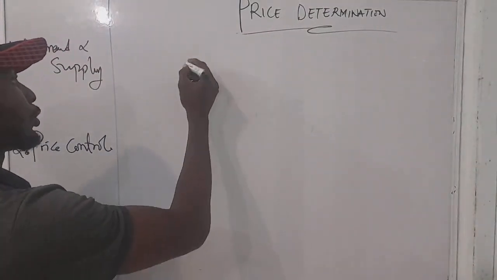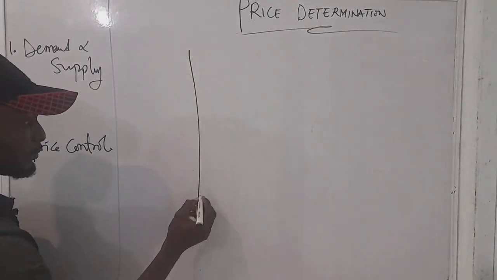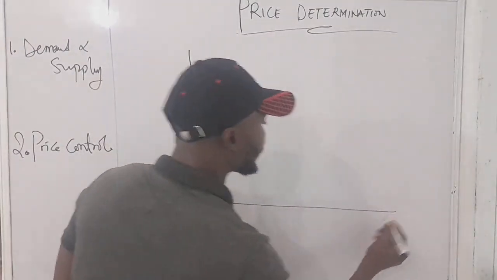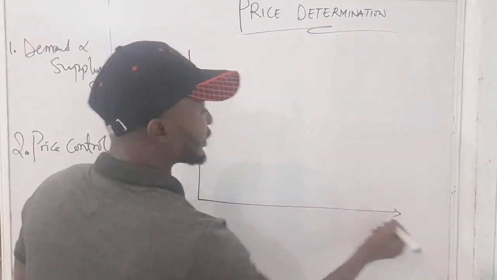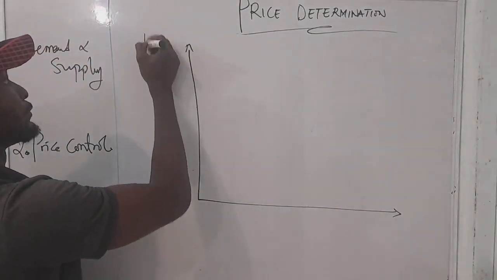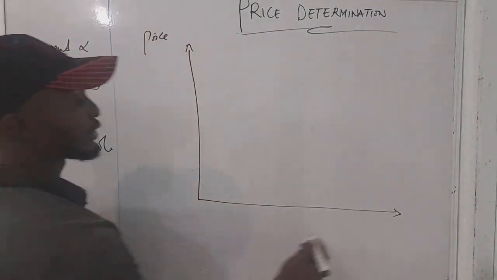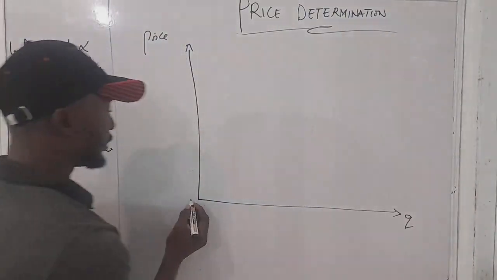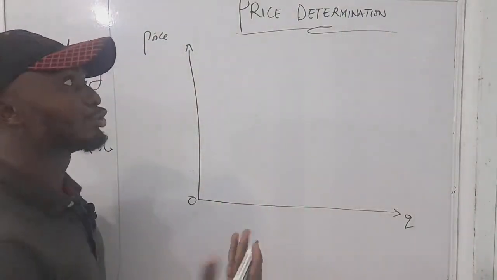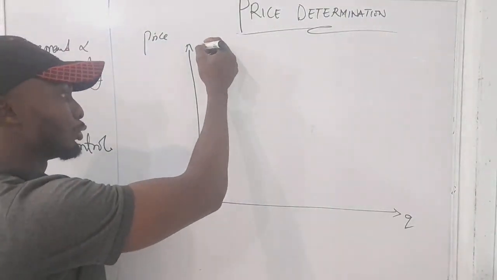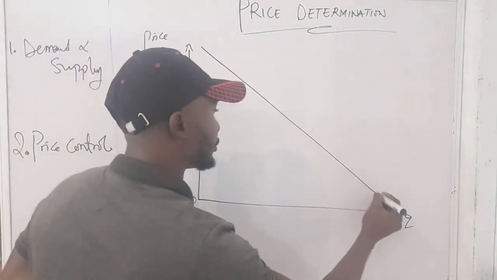And then the demand curve, like we said, slopes downwards from left to right. So if we label this price and label this quantity, and we have this zero, if we draw the demand curve it will slope from left to right.